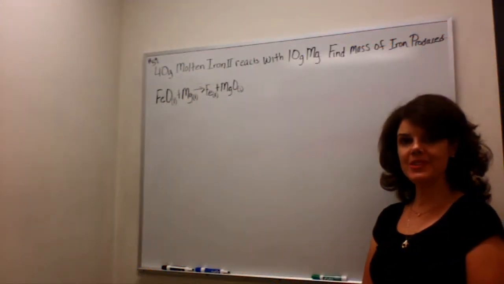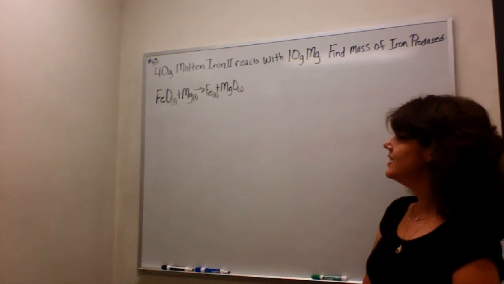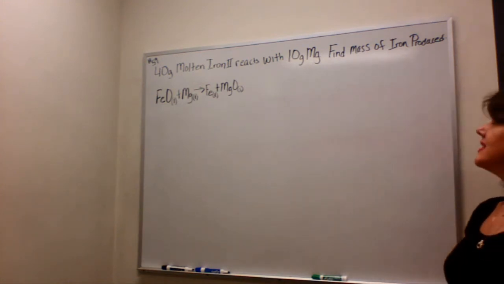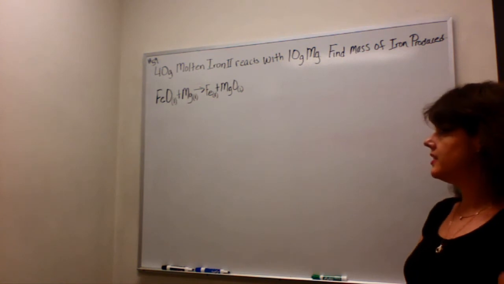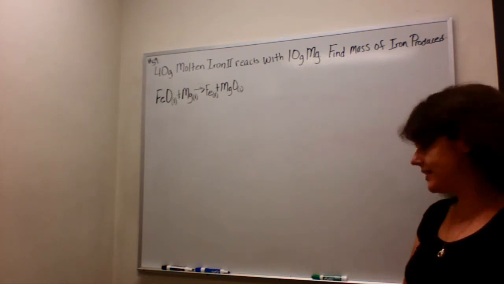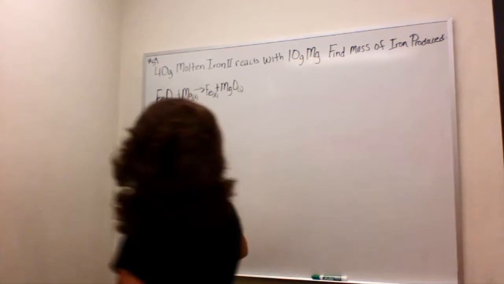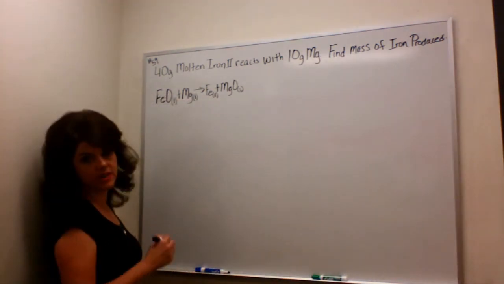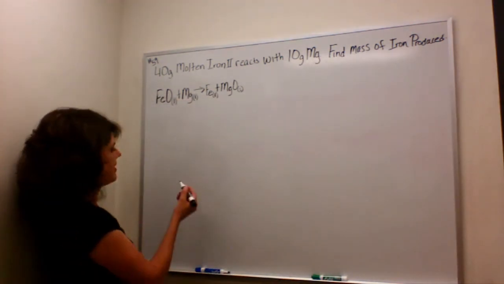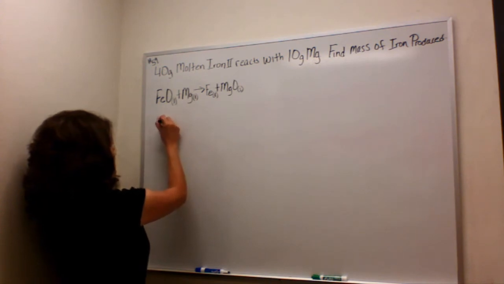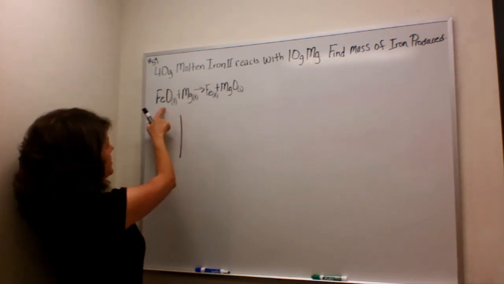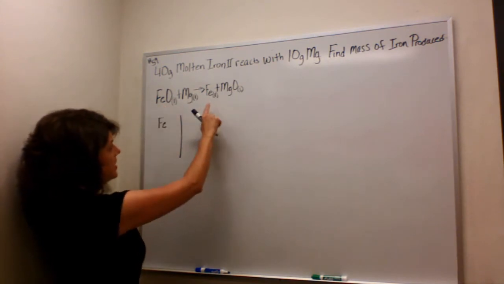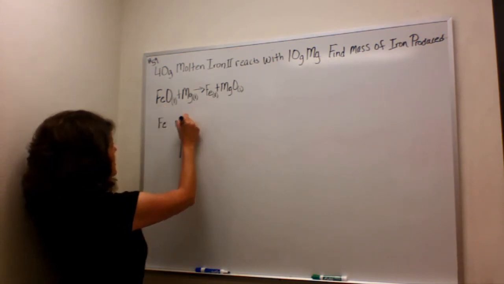Hi, I'm Terry. I'm going to be doing problem number 59, which is asking to find the mass of iron produced from 40 grams of iron oxide as it reacts with 10 grams of magnesium. The first thing I'm going to do is make sure that the initial equation is balanced. Taking the first element, iron, there's one iron on the left side and one iron on the right.